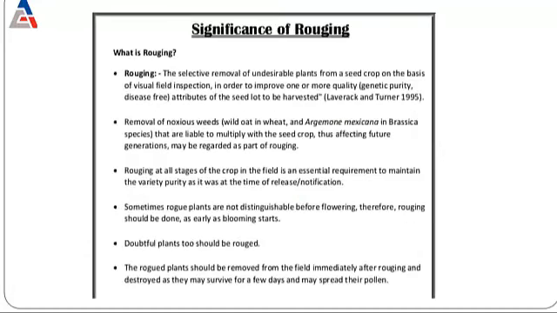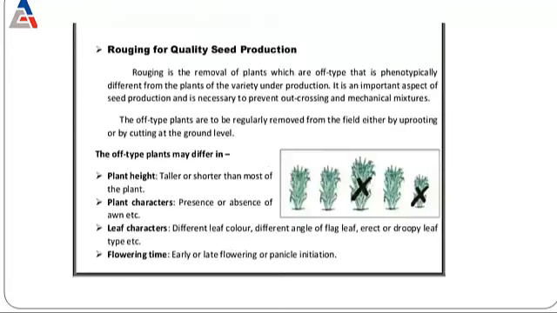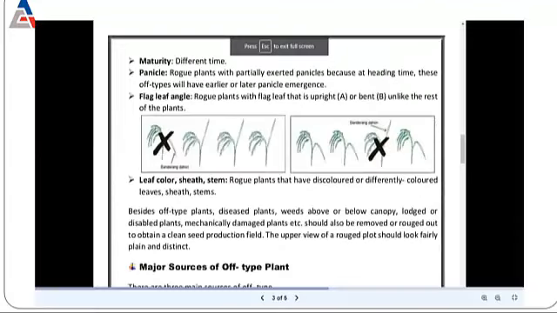What is the significance of roguing? Already it has been discussed. So this is the flowering time, maturity time, panicle. Rogue plants with a partially exerted panicle, because at heading time these off-types will have earlier or later panicle emergence. Rogue plants with a flag leaf that is upright or bent, unlike the rest of the plants.